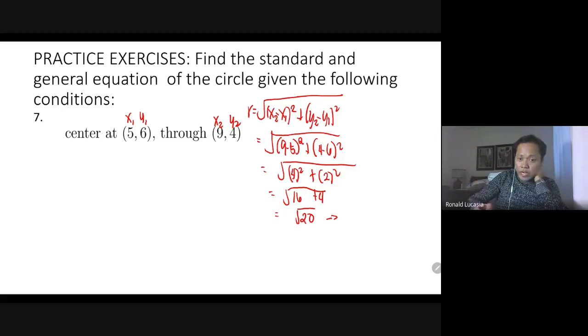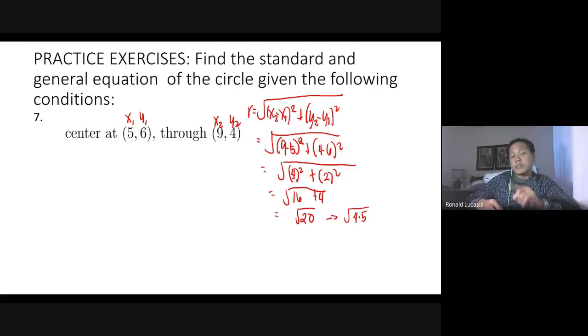The square root of 20 can be factored as 4 times 5. When you factor a number inside the radical sign, make sure that one of the factors is a perfect square. Otherwise, there's no sense in factoring the number. You could do 10 times 2, but there's no point because 10 and 2 are both not perfect squares.